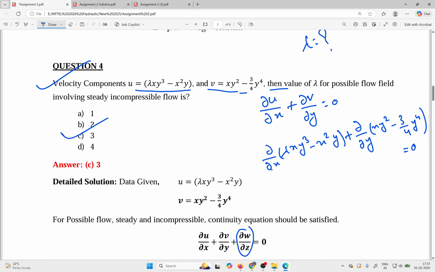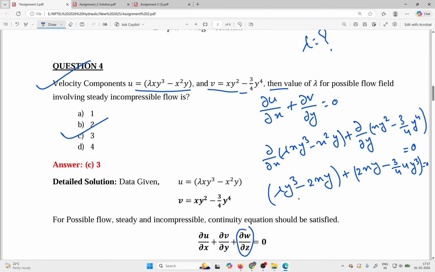Now you can very easily differentiate. So here lambda y cube minus 2xy plus 2xy minus 3 by 4 times 4y cube is equal to 0.